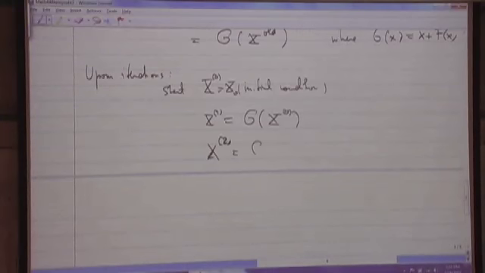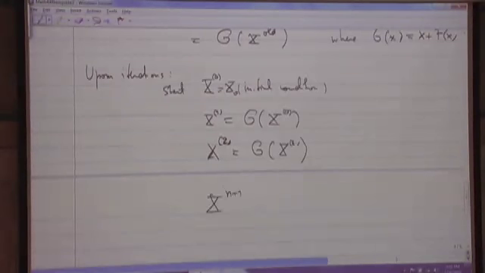You see that's why it's convenient to have the g, because you just apply g to the current state and you get the new state. Rather than using the f, which would give the difference, and then you have to add the x old. That's the only thing. So in general, you have x n plus 1 equals g of x n.